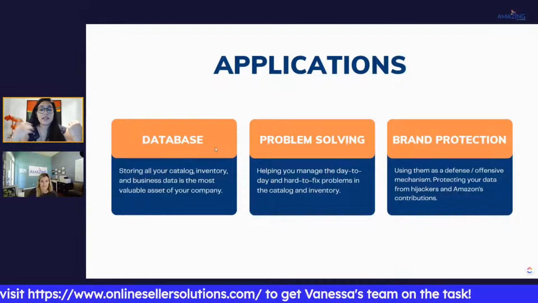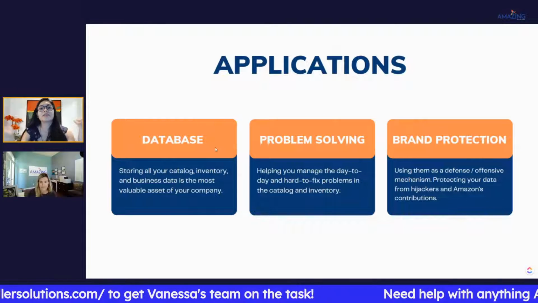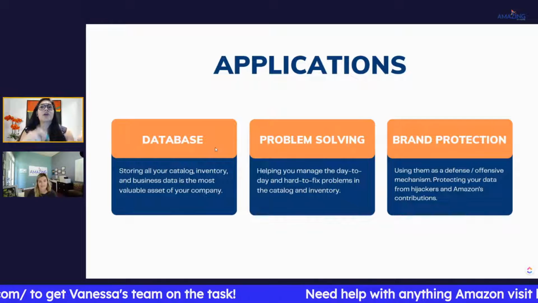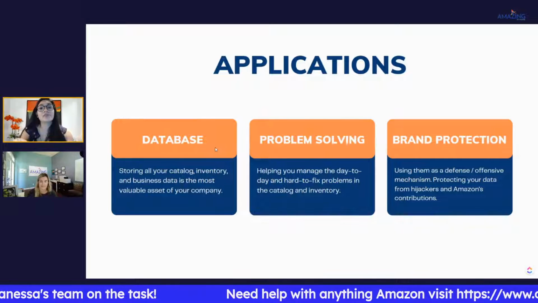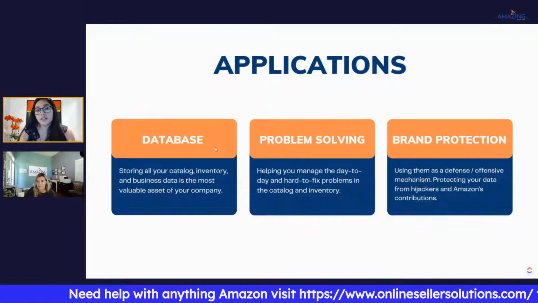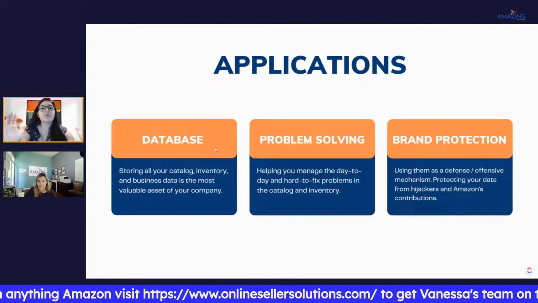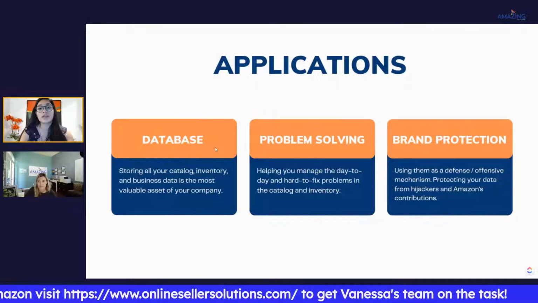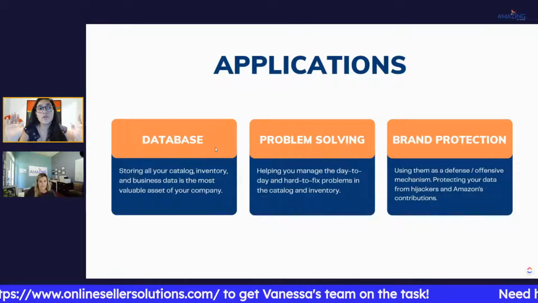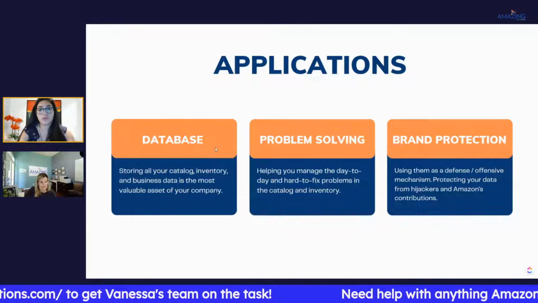So it can be used as a defense and offensive mechanism, and this is borrowing from other categories, other attributes, making your listing stronger. Obviously I'm telling you all of this for you to work in your business, and this is super white hat. There is no black hat here. But once you understand how the system works, you really can do some damage with flat files.